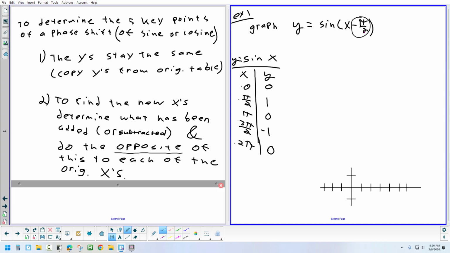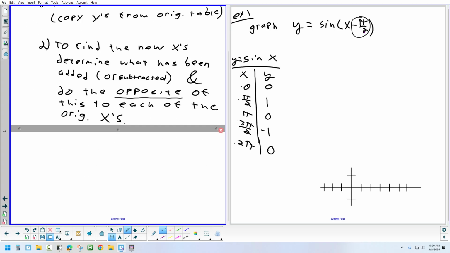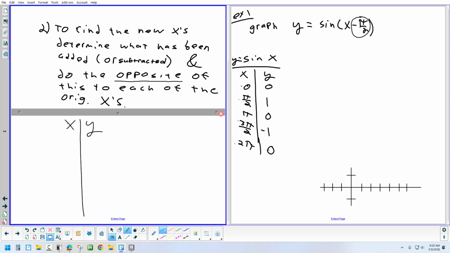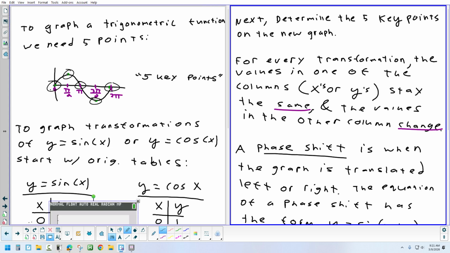All right, so let's see if we can make our new table. Okay. So first, it is a phase shift. We know that because it fits the pattern that I described earlier.